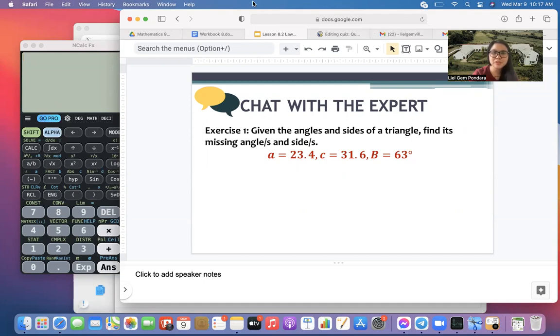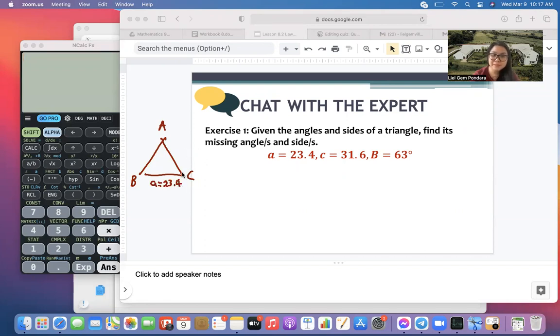First thing, to help you in visualizing the triangle, you can start drawing it. So for example, A, B, C. The opposite of angle A is side A. A is 23.4.